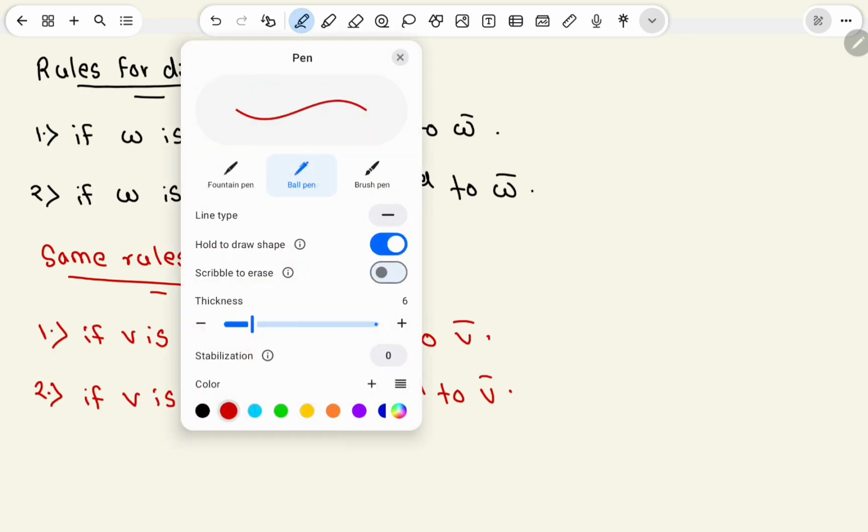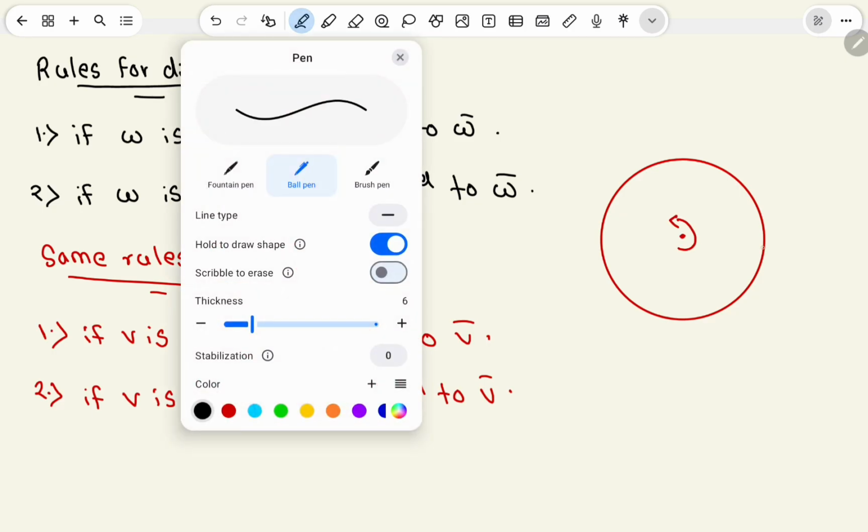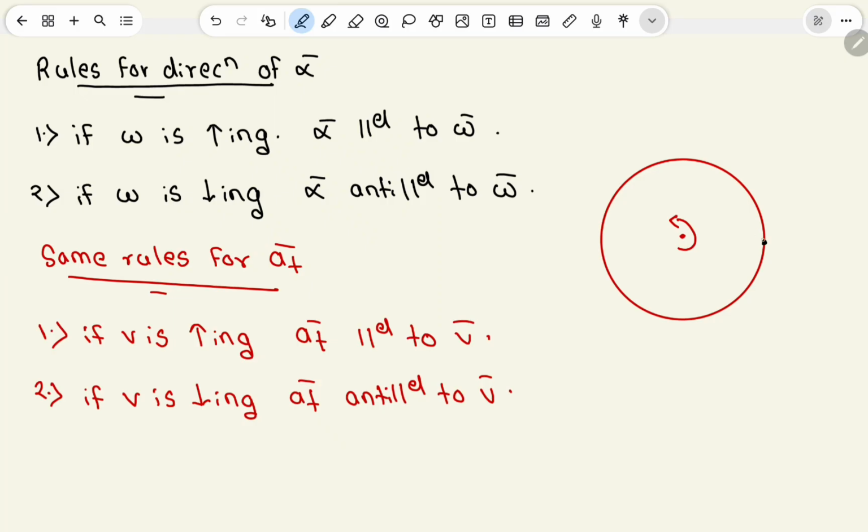Let's quickly consider a case over here where we will plot the direction of AT bar. So I am having a circular path. This is the center, and the motion is in anti-clockwise direction. So at this point, the velocity will be upward like this. So this is V bar.